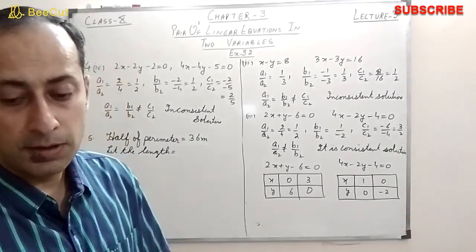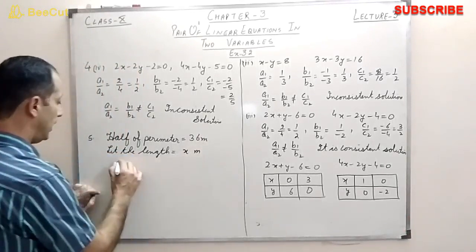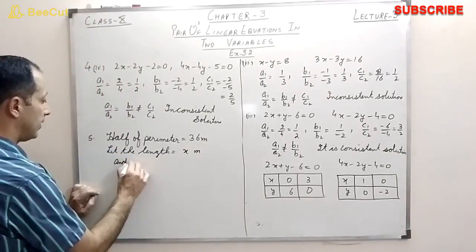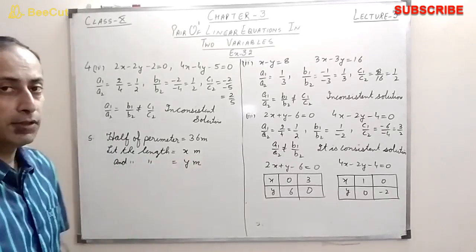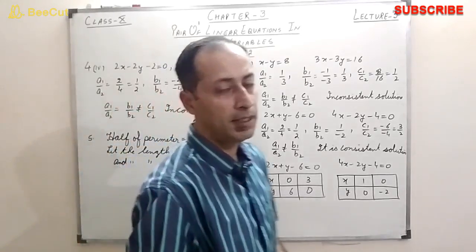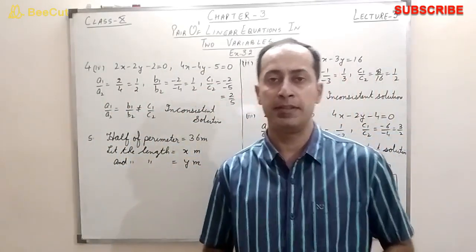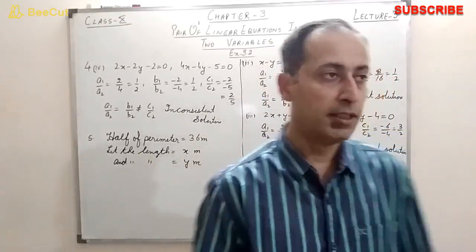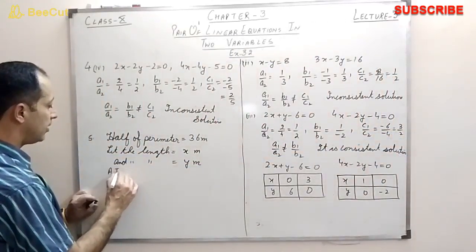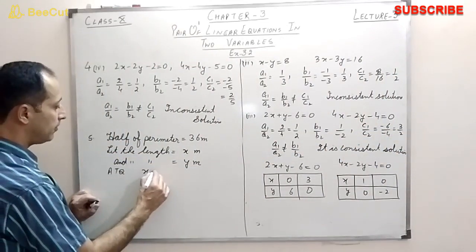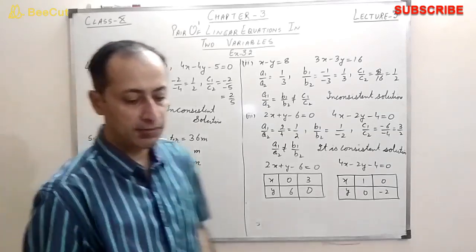Let the length be x meters and the breadth be y meters. Now the formula of the perimeter, if you remember, is 2 into L plus B. Half of the perimeter means it will be only L plus B. So from here we can form the equation. According to the question, x plus y equals 36. So this is our first equation.